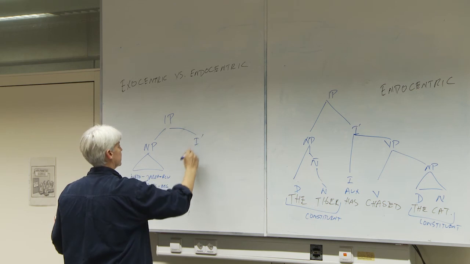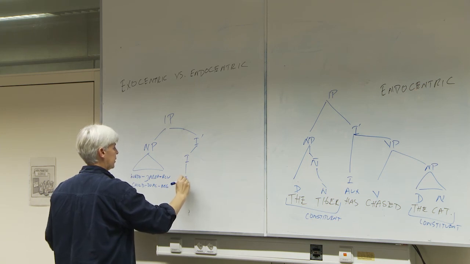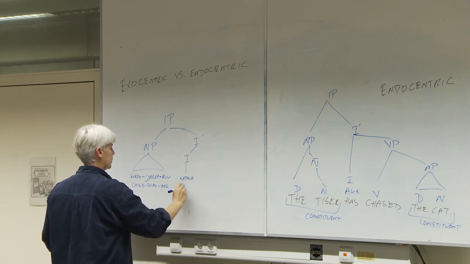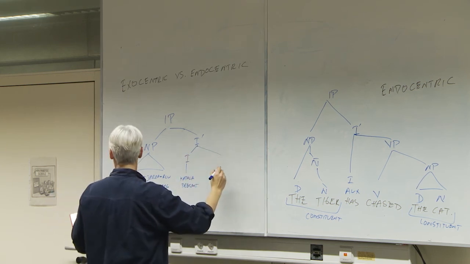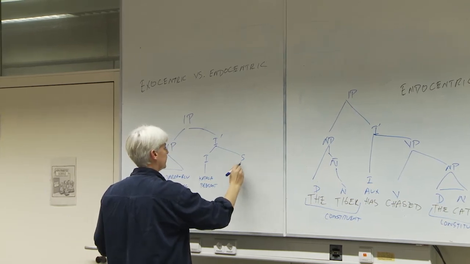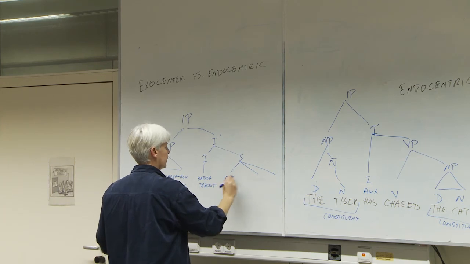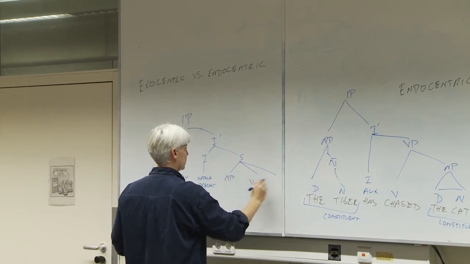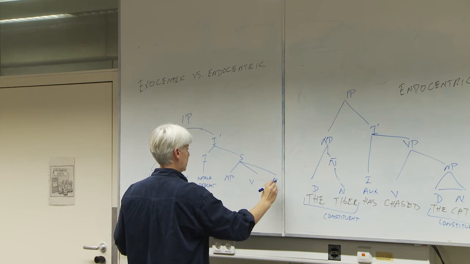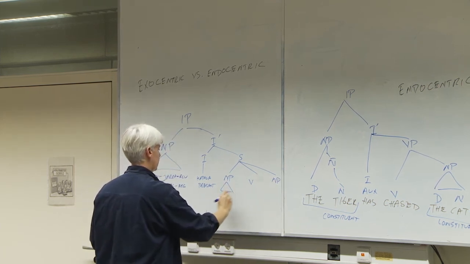And we have this kind of a structure. And remember from last time that the Aux had to be here, always had to be in second position. This is present tense. And then normally here in English we would have a VP. But in Warlpiri, what they assume is an NP and a verb and another NP, I guess.